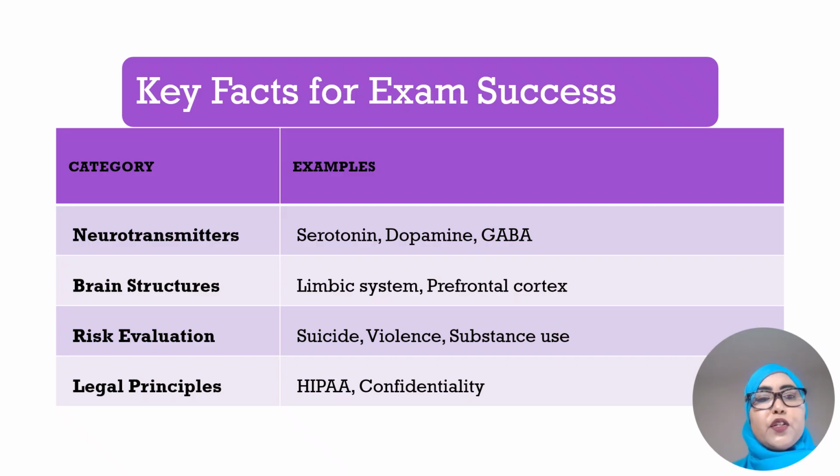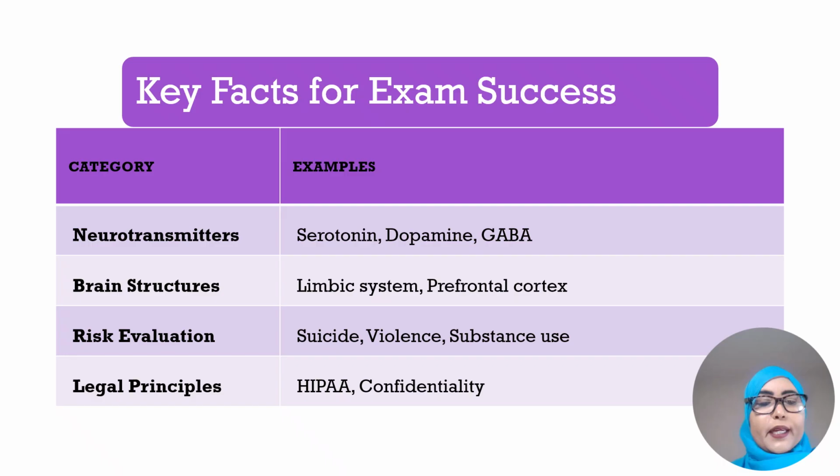Key factors for the exam success include studying the neurotransmitters like serotonin, dopamine, GABA. We will go over each of them. Brain structure, limbic system, frontal cortex. Those will be on the exam, but there are a lot of parts to go over.